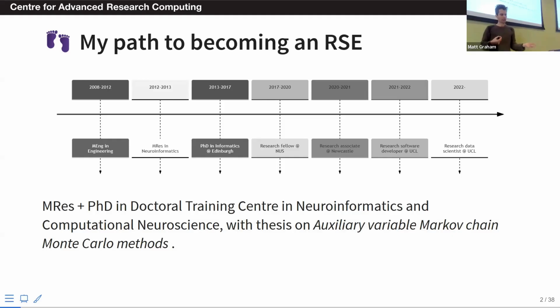After finishing my undergraduate, I decided to go up to the School of Informatics in Edinburgh to do a PhD there, working on an approximate Bayesian inference topic, specifically looking at a class of algorithms called Markov chain Monte Carlo, for fitting models to data, but also quantifying our uncertainties in those estimates of the parameters of the models. And this is where I really started to use, but also get interested in automatic differentiation.